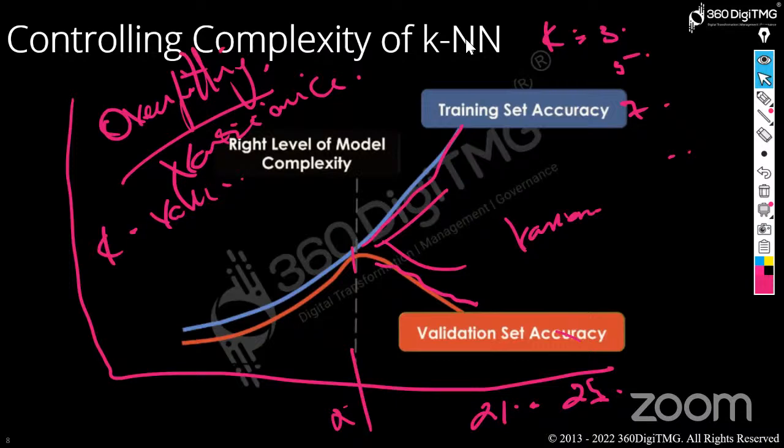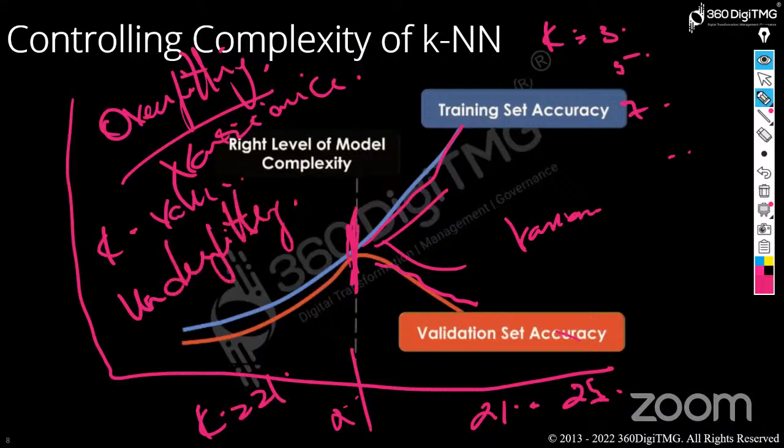And if you have a K value which is less than 21, then what do you call this? This is underfitting or bias. That means there is still room for improvement.